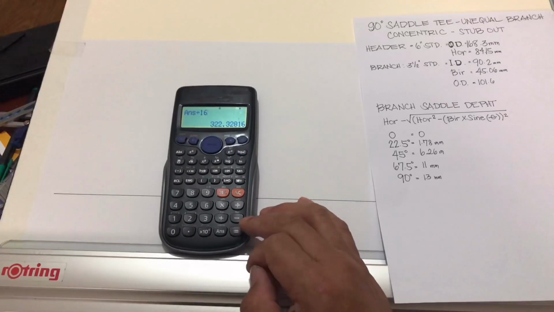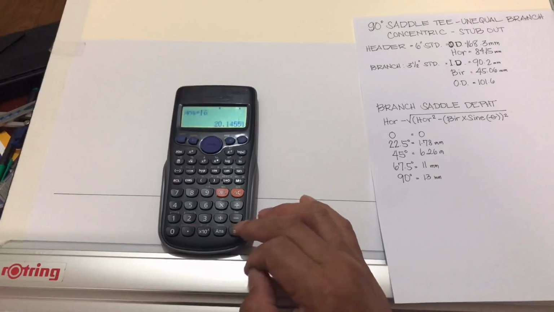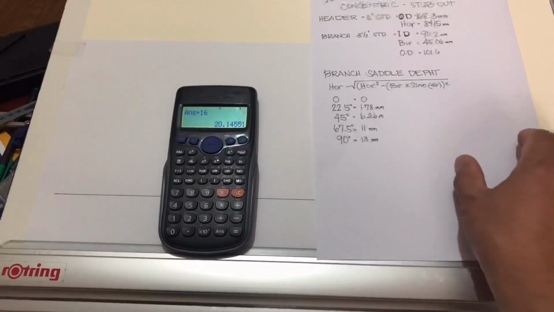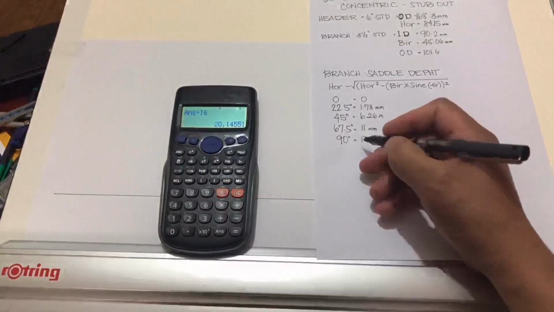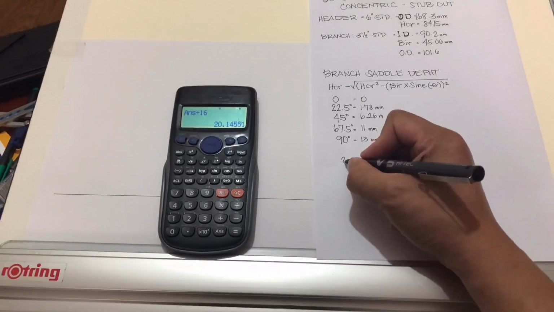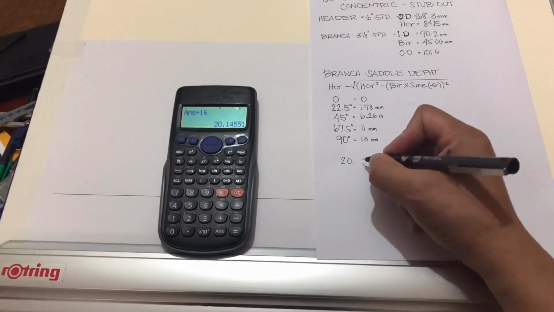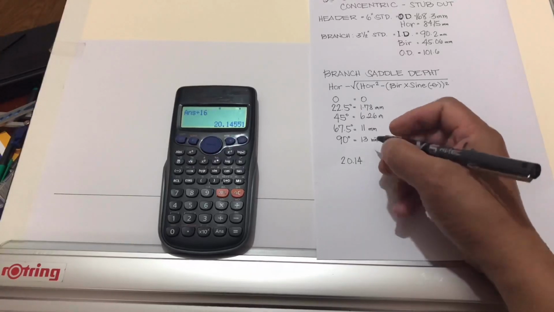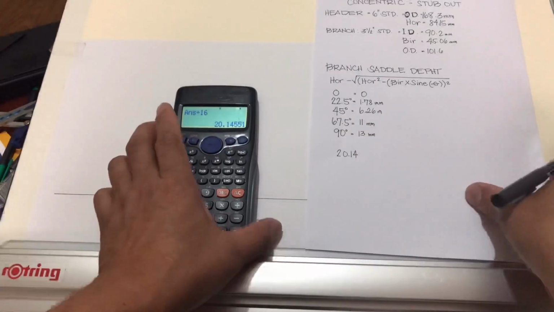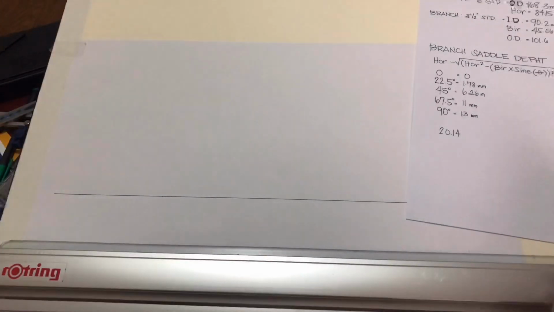Then that is 20.14. So every division got a distance of 20.14. Right.